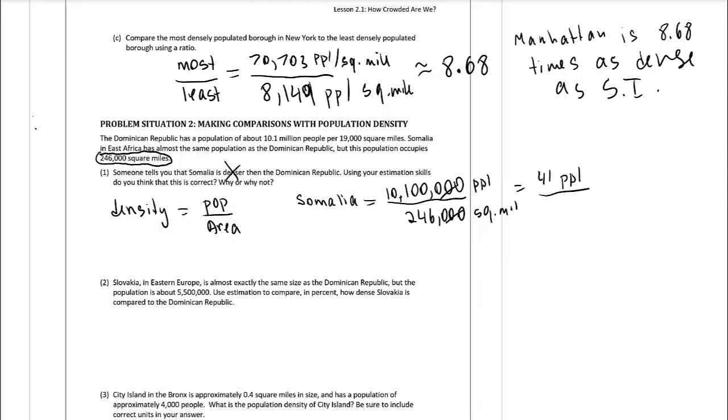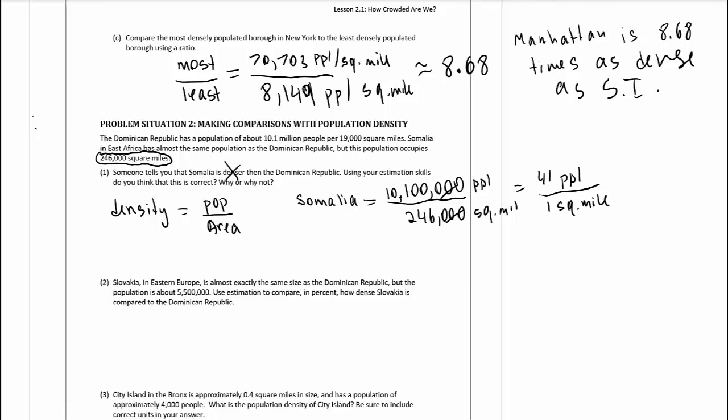Notice those numbers are much smaller than when you talk about boroughs, and the reason is because a country is significantly larger in space than when you just look at the city. So you always have to think about, what are we comparing? Are we comparing cities? Are we comparing states? Are we comparing countries? Here we're comparing countries.